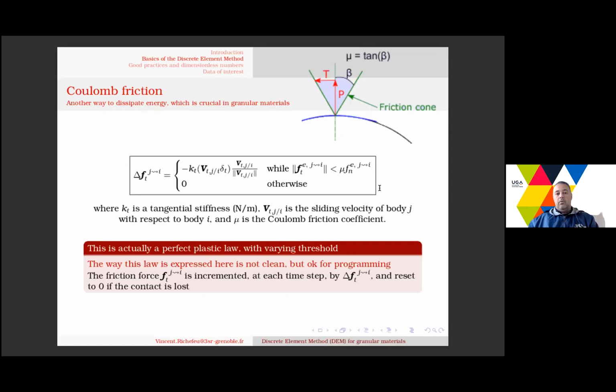And okay, because if we've got a flat surface and a flat body that slide, it's okay. But when you've got particles with, let's say, sphere shapes, the contact position and the sliding directions may change during the loading. Okay, so there is a problem.